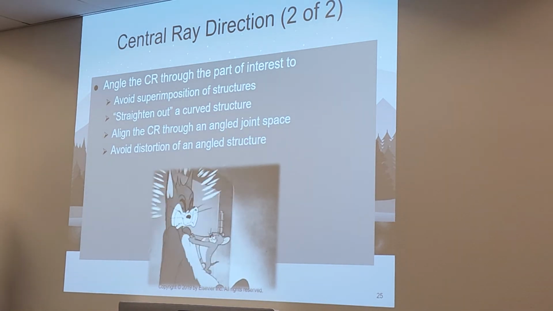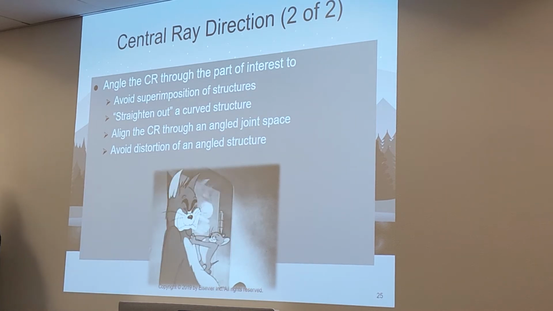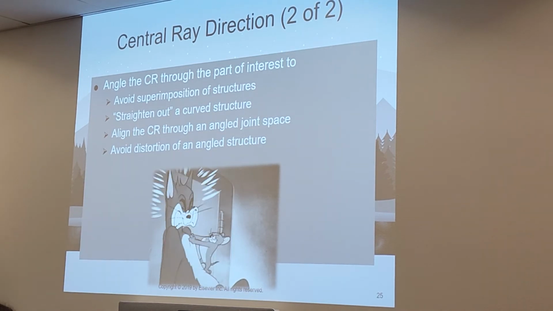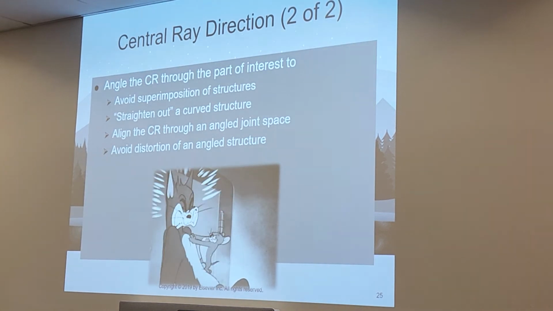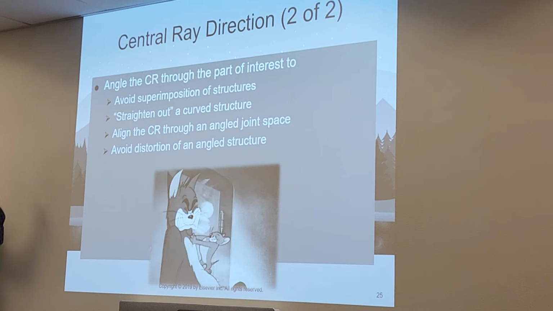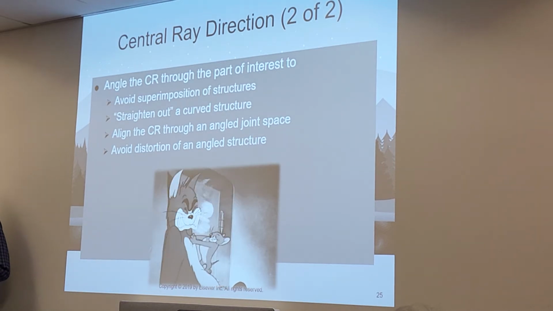Sometimes we will need to angle the central ray. The purpose of angling the central ray could be one of many. For example, sometimes we angle the central ray to avoid superimposition of structures. Superimposition is a very fancy way to say overlap.